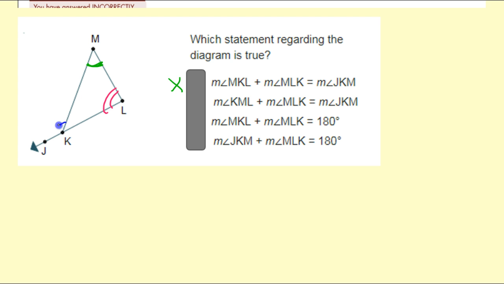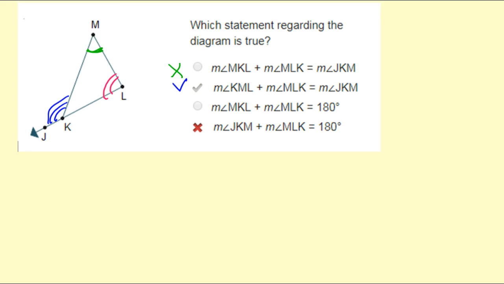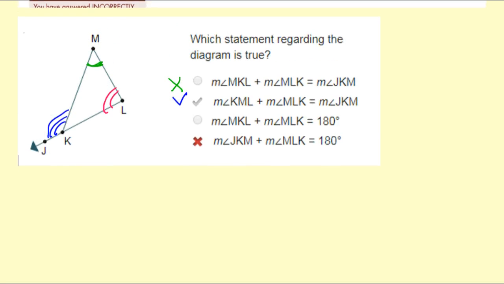JKM, so that's this angle right here. And there it is. That's what we were looking for. We have the exterior angle, and that equals the sum of the two remote interior angles. Alright, so that's got to be the answer. I'm not even going to read the other two, because that's the fun of multiple choice. Only one right answer. Alright, that was the last problem.